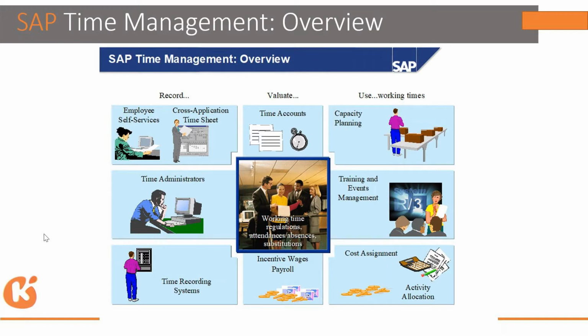You can see on the screen the first block is employee self-service. Self-service means the employee is updating his timesheet, and below that the time administrator will check the timesheet, and below that there is the time recording system, which is where we update our swipe in and swipe outs. All these things will be recorded into the time accounts in the time evaluation.